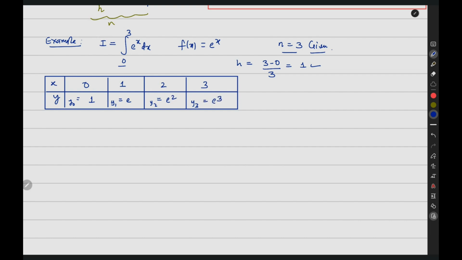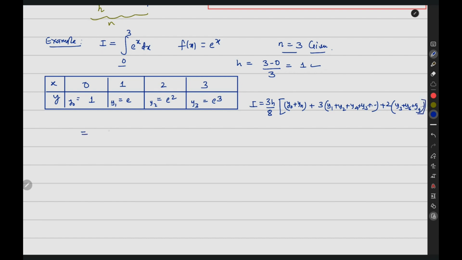Now we will write the formula, that is I equals 3h by 8 first term plus last term plus 3 into the non-third-multiple terms, that is y1 plus y2 plus y4 plus y5, plus 2 into the multiples of third terms y3 plus y6 plus y9 etc.